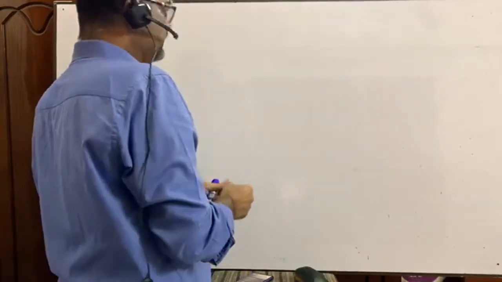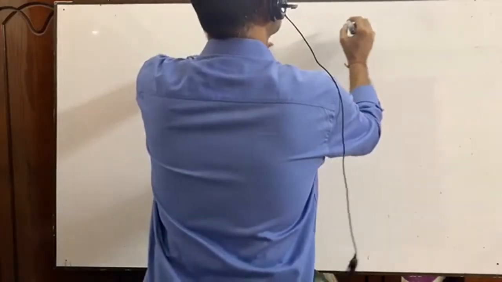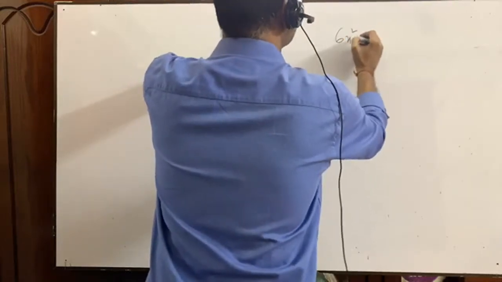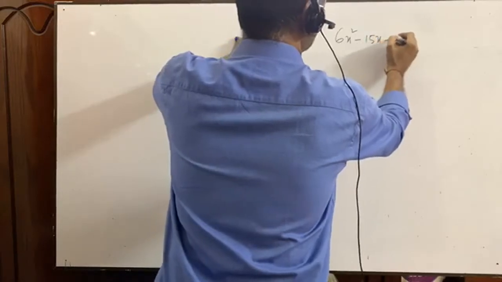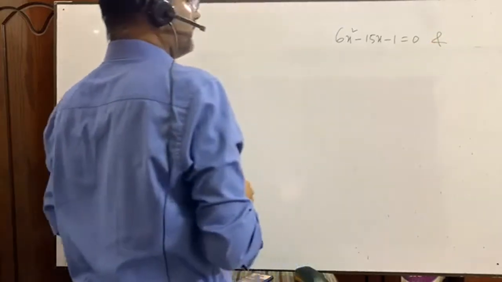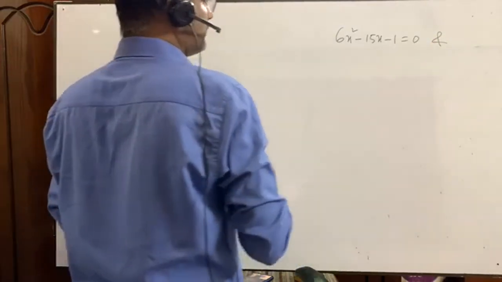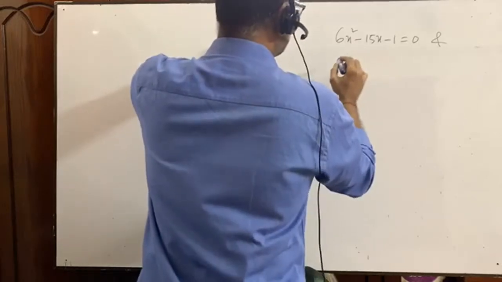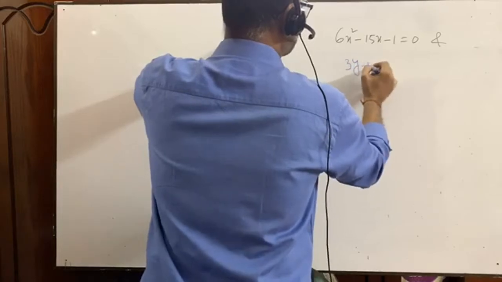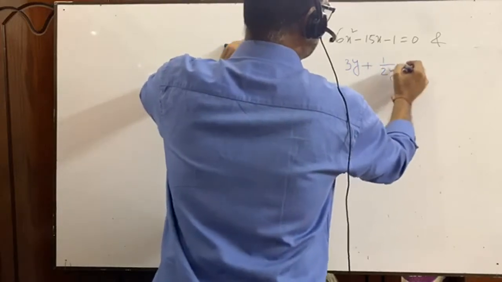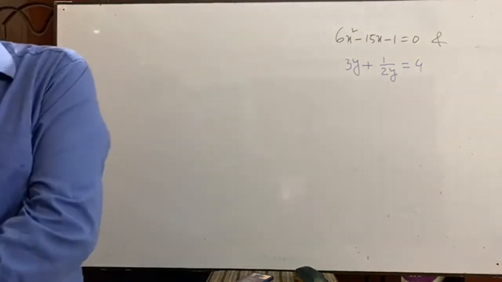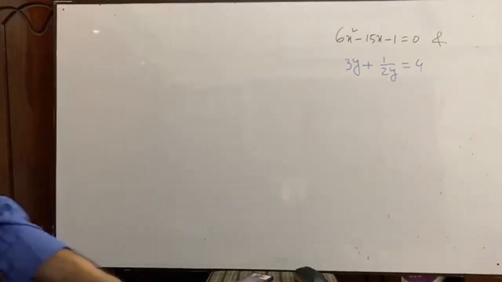The question is that suppose 6x square minus 15x minus 1 equals to 0, and you are given like this: 3y plus 1 by 2y is equal to 4. Okay, the question is given like this.